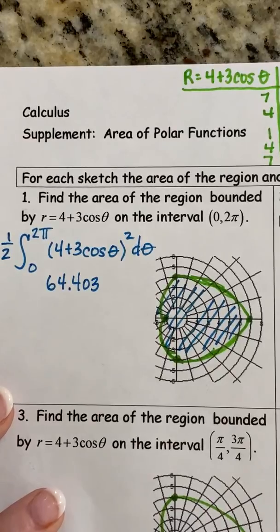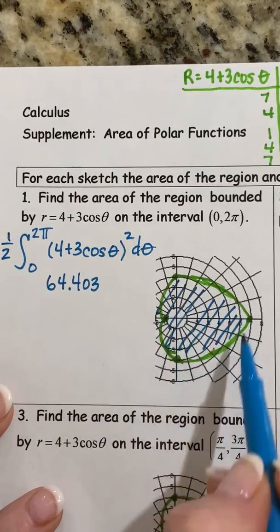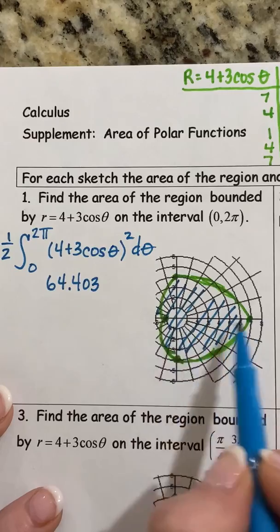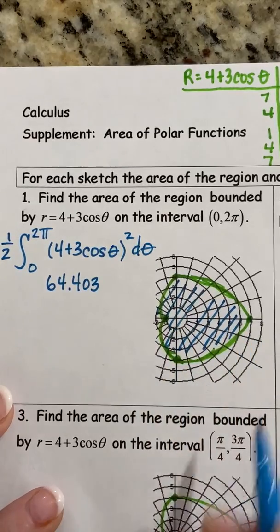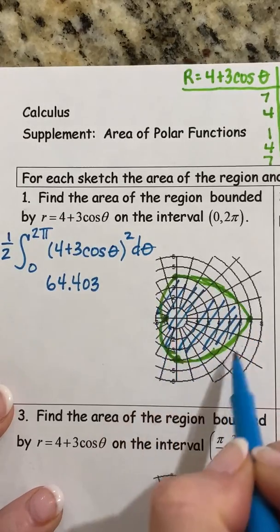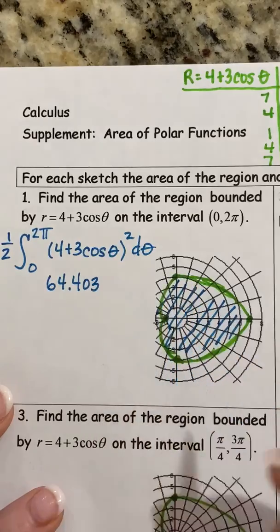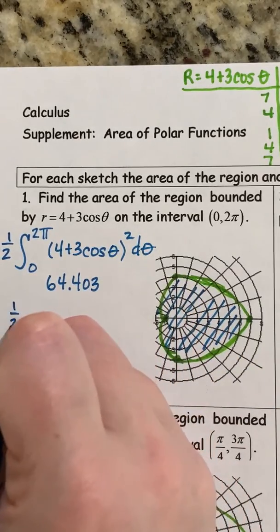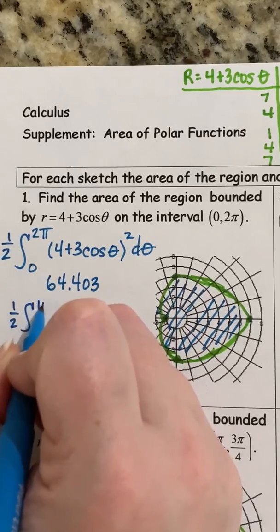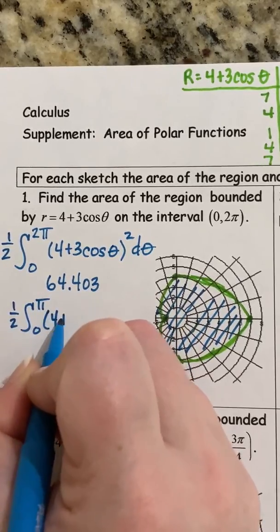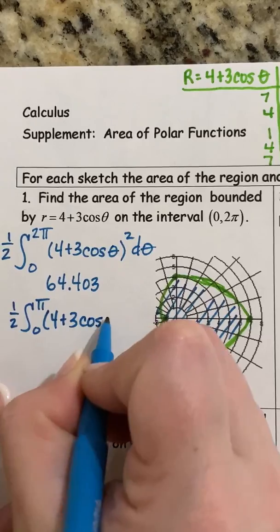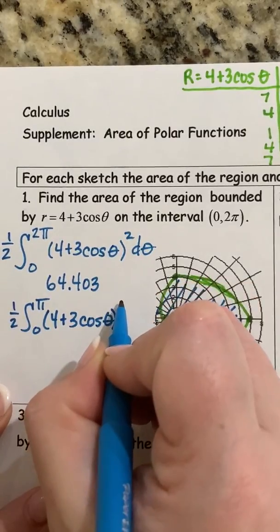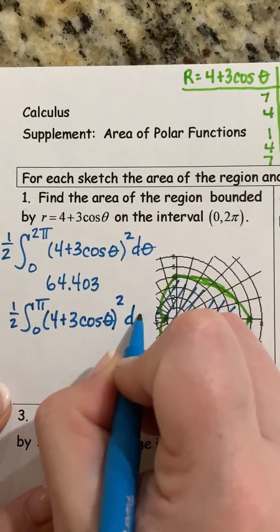Now, if this was a multiple choice and it just had the setup, this is not the only way you could have done it. Because this thing is symmetric about the x-axis, instead of doing from 0 to 2 pi, I could have done 0 to pi. Now, that would have been 1/2 the integral from 0 to pi of 4 plus 3 cosine of theta squared d theta.